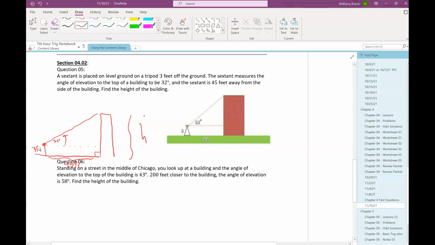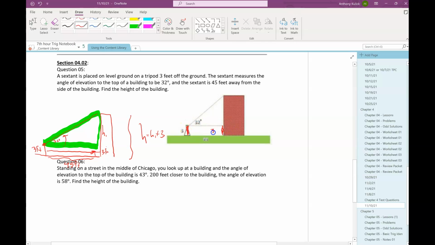So here's the trick. I have the right triangle here. I'm going to call that side H1. But that little piece is also 3 feet. So my overall height is going to be H1 plus that 3. Cool with that? So this piece is 3 feet.